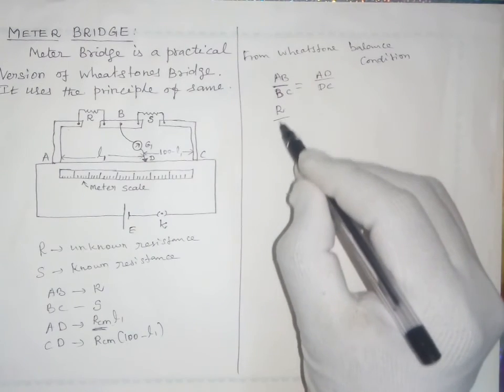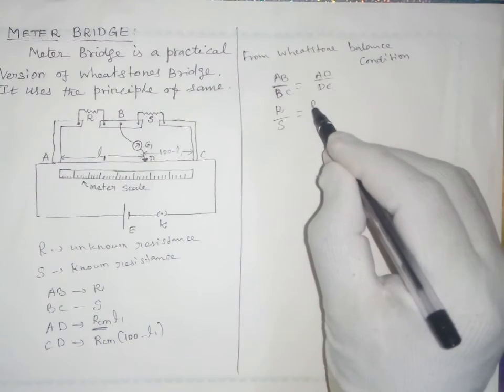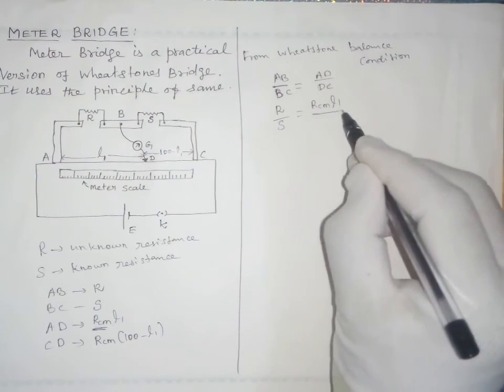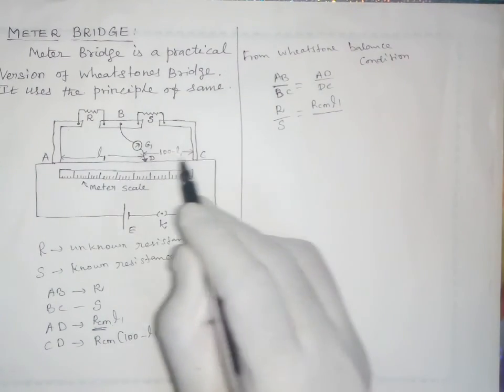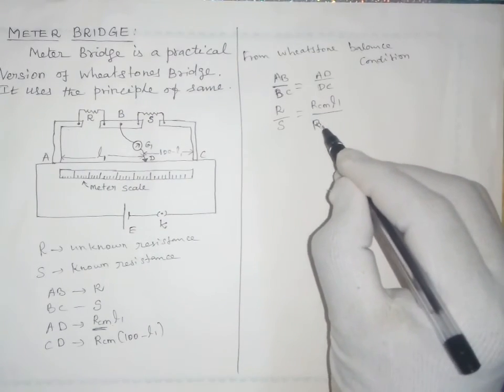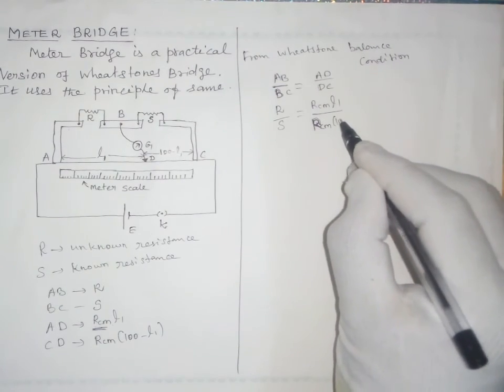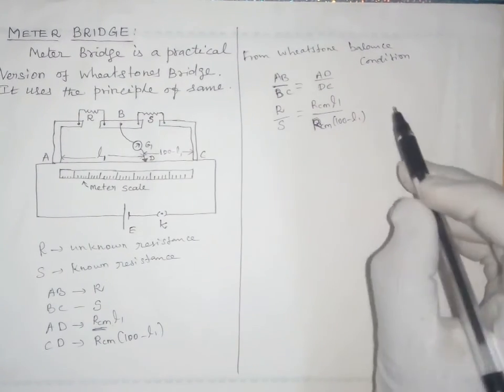BC equals S, so R by S equals, for AD, R cm L1, by DC, R cm into 100 minus L1.